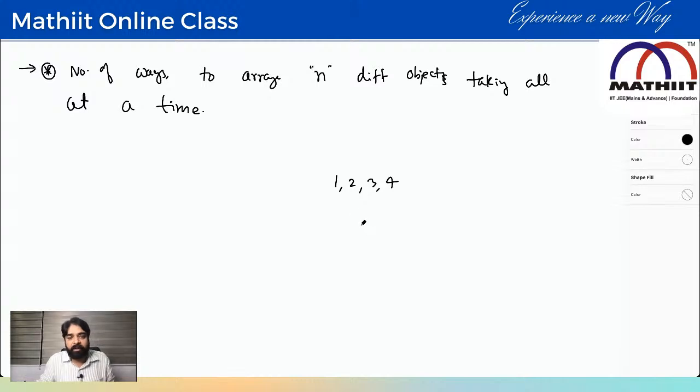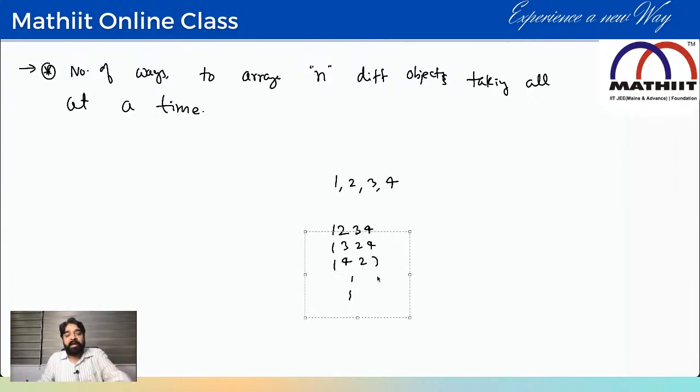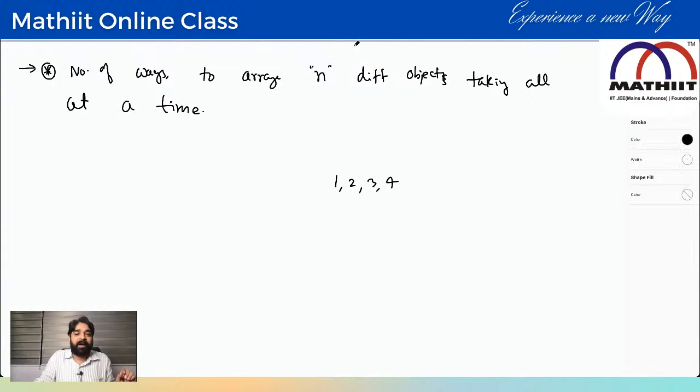Are you able to understand? So what possibilities can happen? I can arrange this way, or I can arrange this way, or I can arrange some other way. Like this, so many cases will come. So what does permutation and combination actually say? Arrangement means identify how many objects, 4 objects.